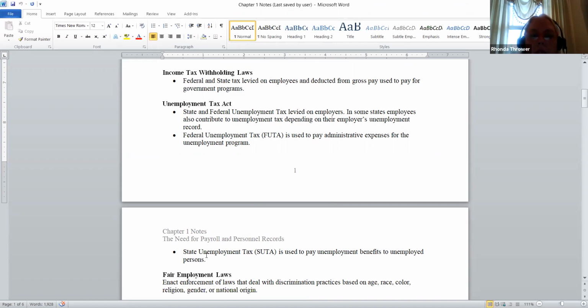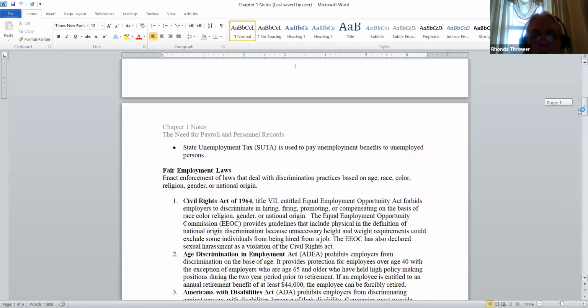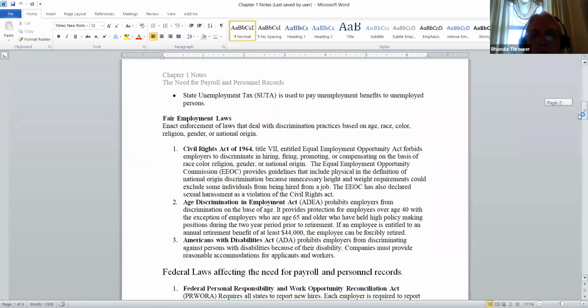So again, the employer has to be familiar with state and federal unemployment taxes because they're going to have to contribute to those taxes. And again, later on, we'll talk a lot more about unemployment tax in a different chapter.